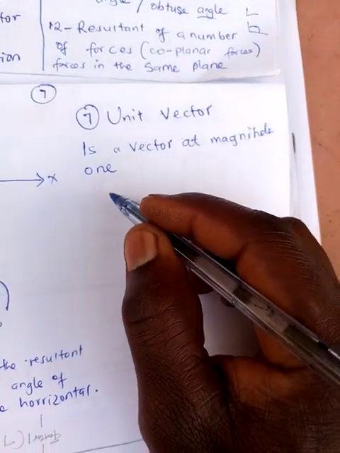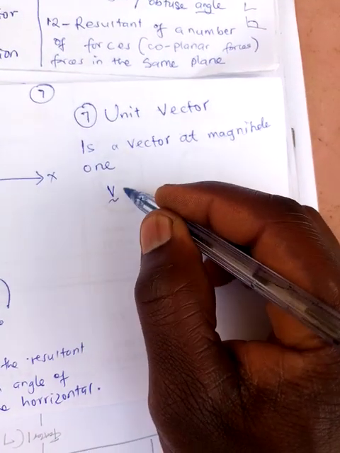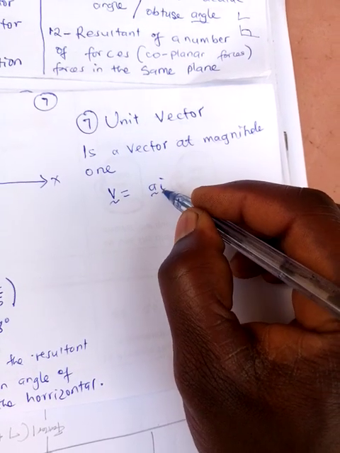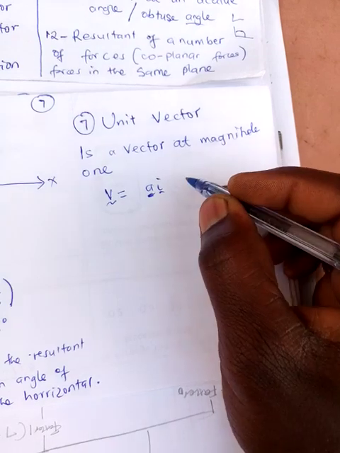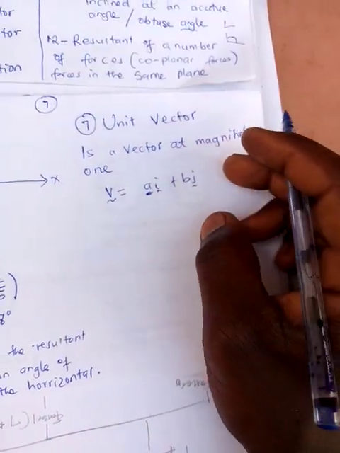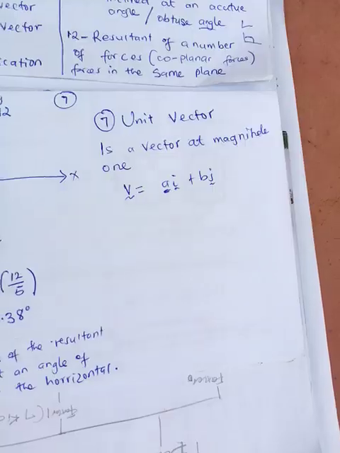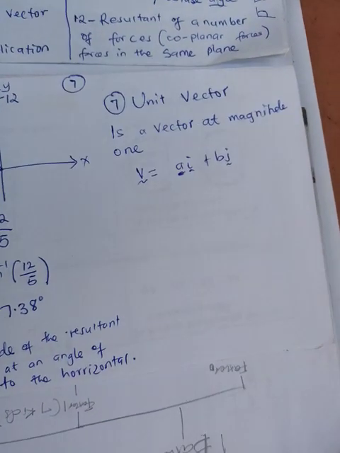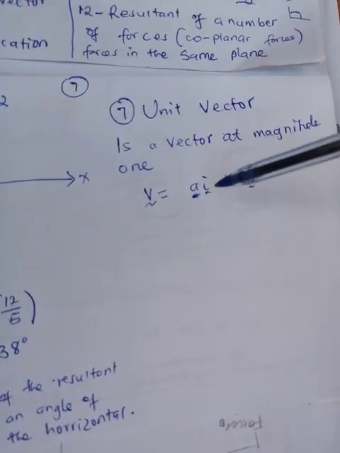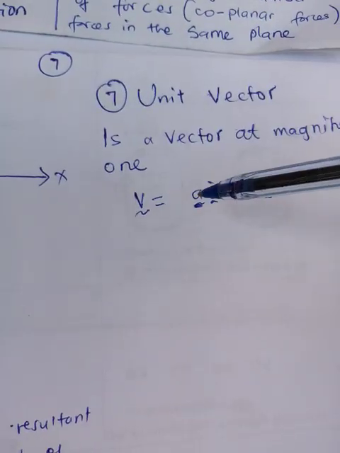So if V is A in I plus B in J, remember these tilde symbols should not be put on these letters here.